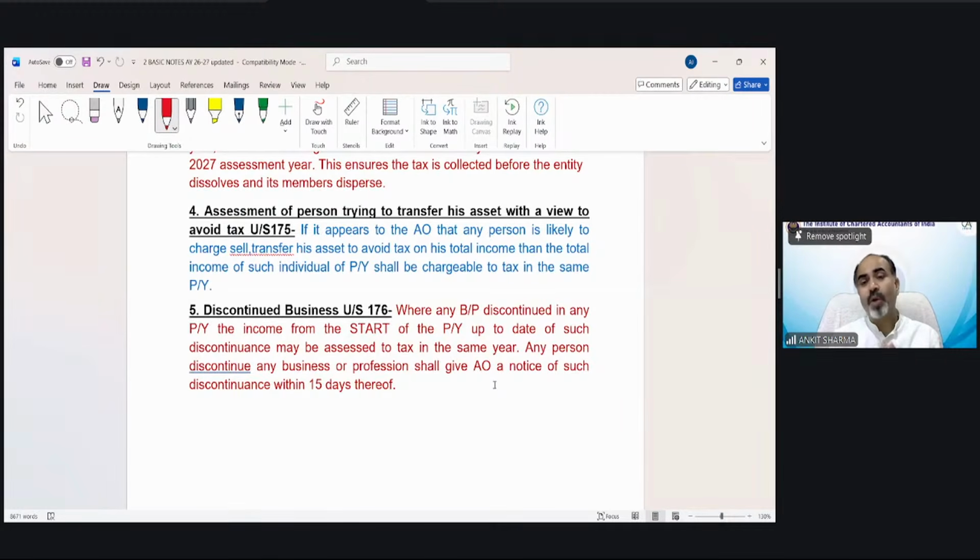That would be a problem. If the business dissolves, the partnership firm dissolves, then in the next year who will pay the tax? Partners could go anywhere in our country, and directors and shareholders could be anywhere. How will the government find them and ask for collection? So if any business is discontinued, then tax needs to be paid in the same previous year.